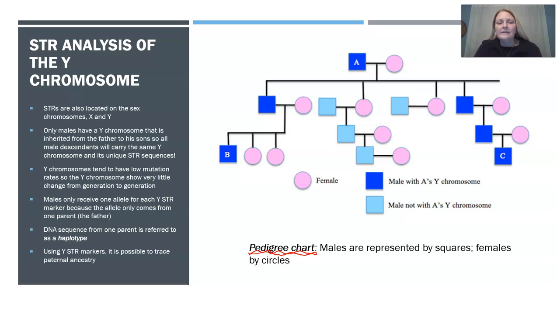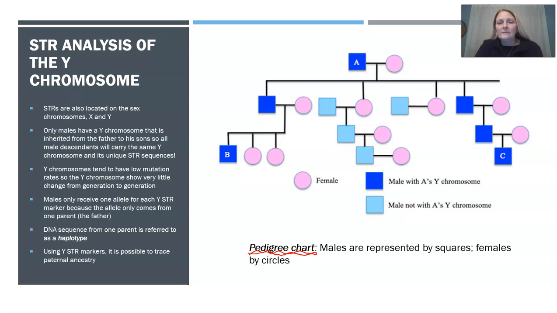And you can also use that to help you analyze the probability that a certain kid would have a certain disease or trait. But anyway, what we're going to use these pedigree charts for is to show how certain DNA is handed down to children. So you have to know a little bit about pedigree charts to start with.